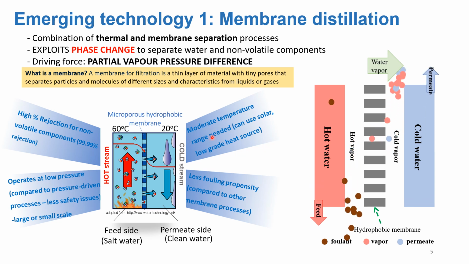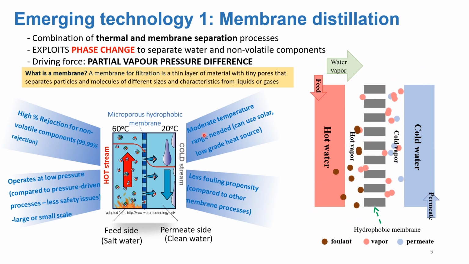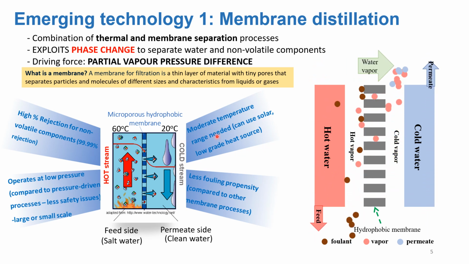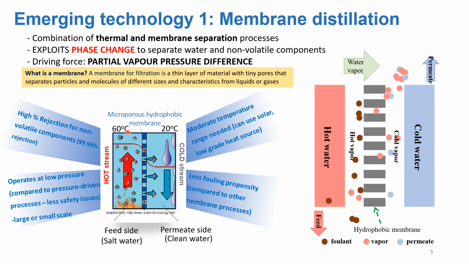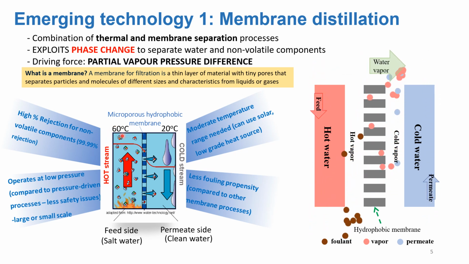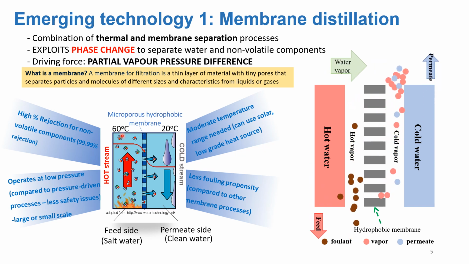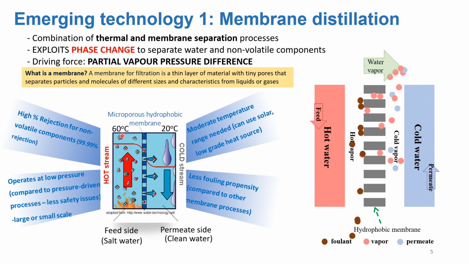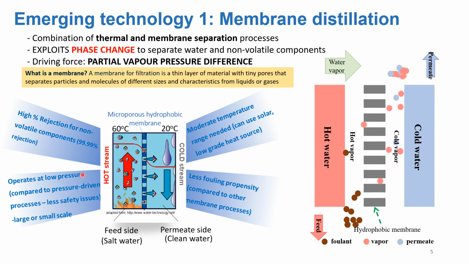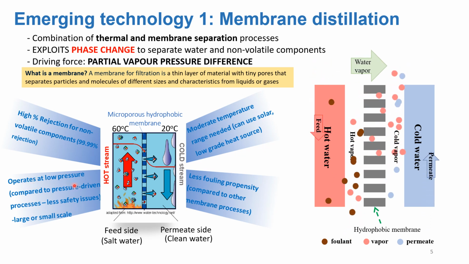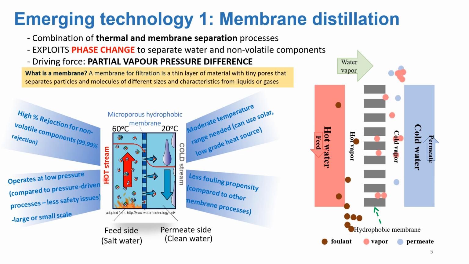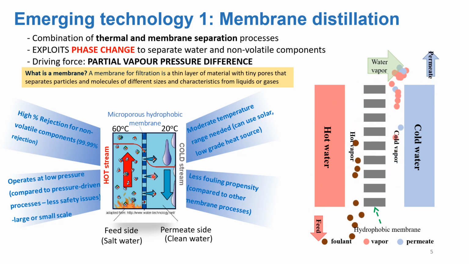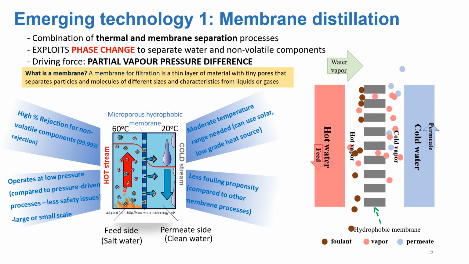And as you can see, if you compare this one to MSF, for example, you have a lower or moderate temperature range. You can go as low as 40 degrees Celsius or 60 degrees Celsius. It's possible to do that. So it's a lower temperature needed for this process. At the same time, it operates at low pressure. Reverse osmosis operates at a very, very high pressure. That's why in terms of safety, this system is safer.